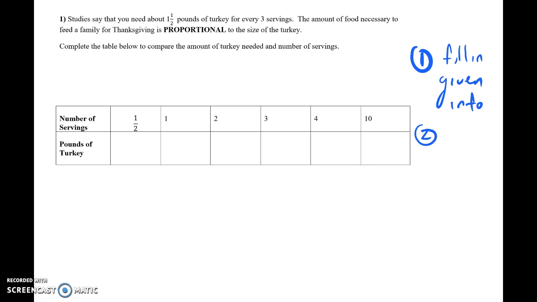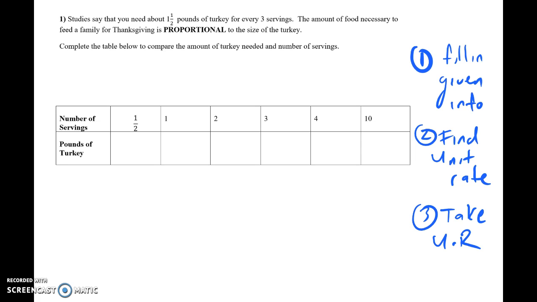Use that information and find the unit rate. And step 3 is you're going to take that unit rate and multiply it by whatever you want it to be. So take the unit rate and multiply.